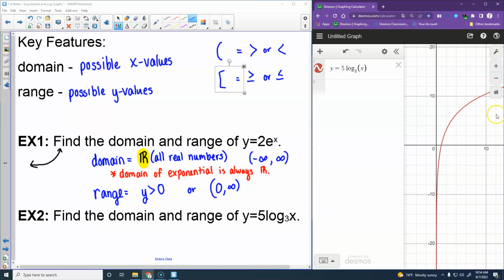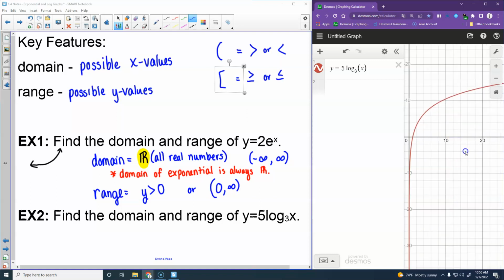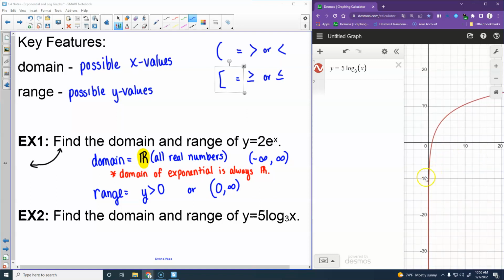Alright, so if we're looking at this graph here, for our domain, we're looking at possible x values. Are there some x values we're never going to get to here? Anything left of 0, we don't ever actually get there because logs are going to have vertical asymptotes. Okay?